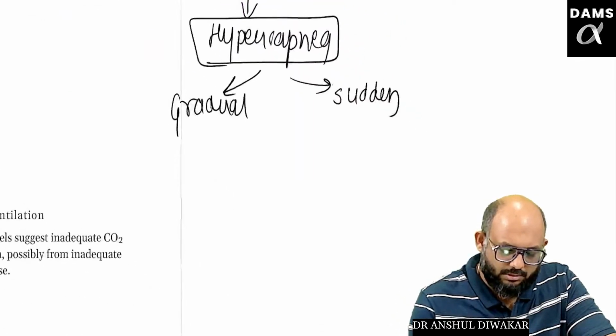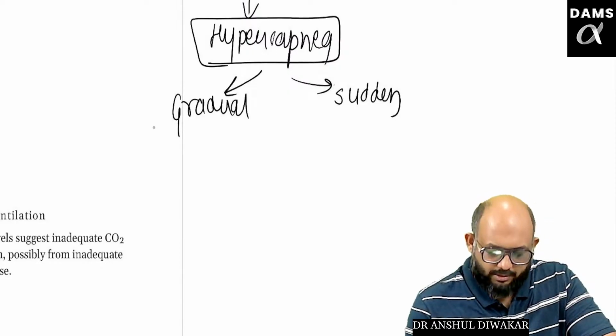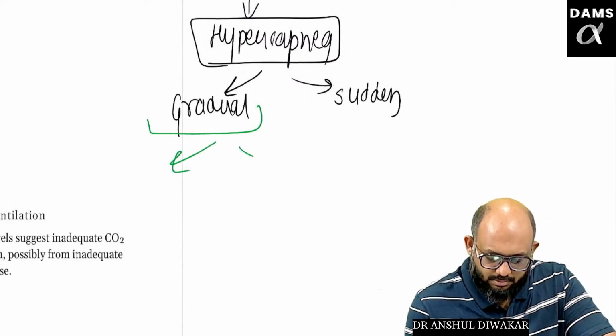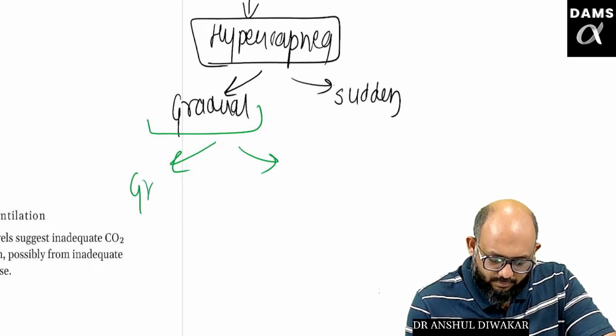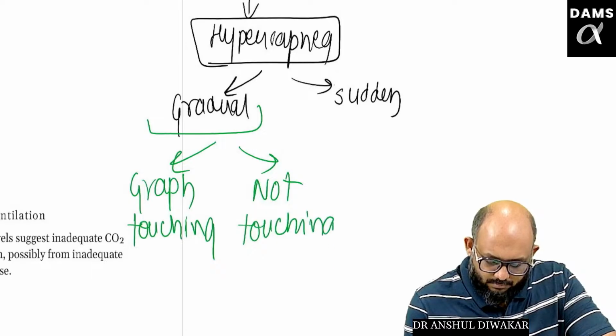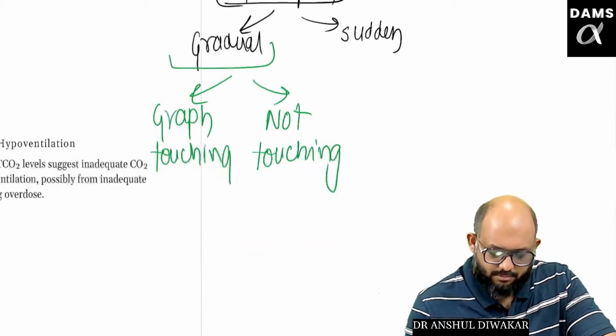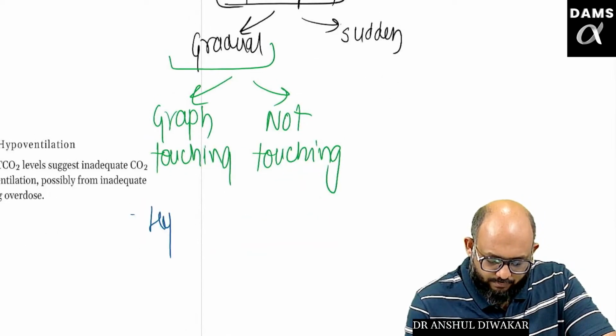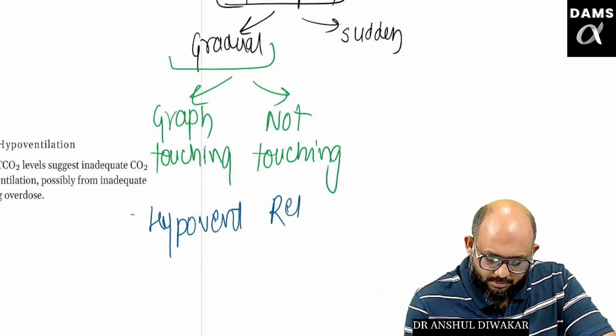If it is gradual, then ask whether the graph is touching the baseline or not touching the baseline. Touching the baseline, hypoventilation. Not touching the baseline, rebreathing.